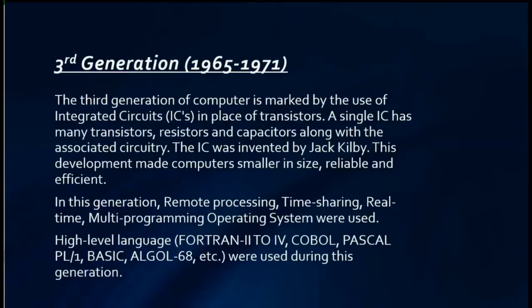This development made computers smaller in size, reliable and efficient. In this generation, remote processing, time sharing, real-time and multi-programming operating systems were used. High-level languages such as Fortran II to IV, COBOL, Pascal, PL/1, BASIC, and Algol 68 were used during this generation.